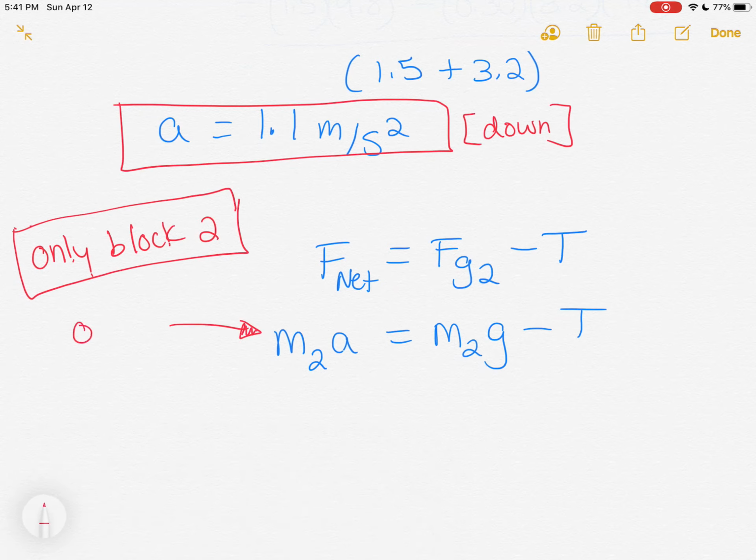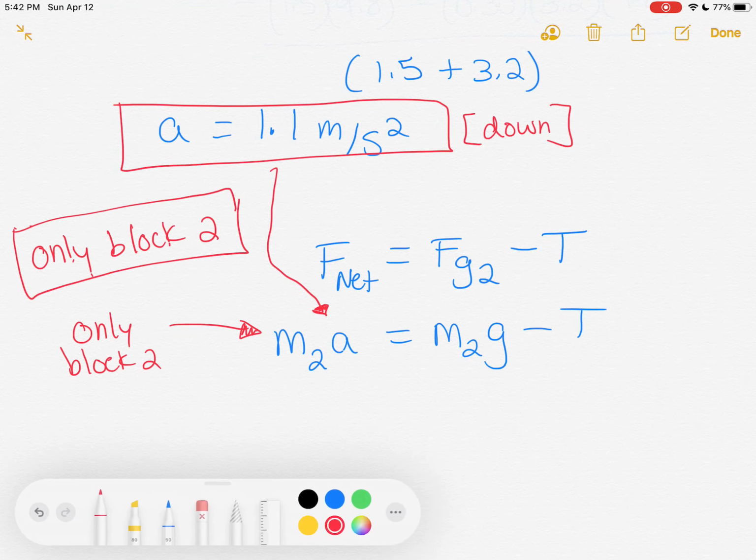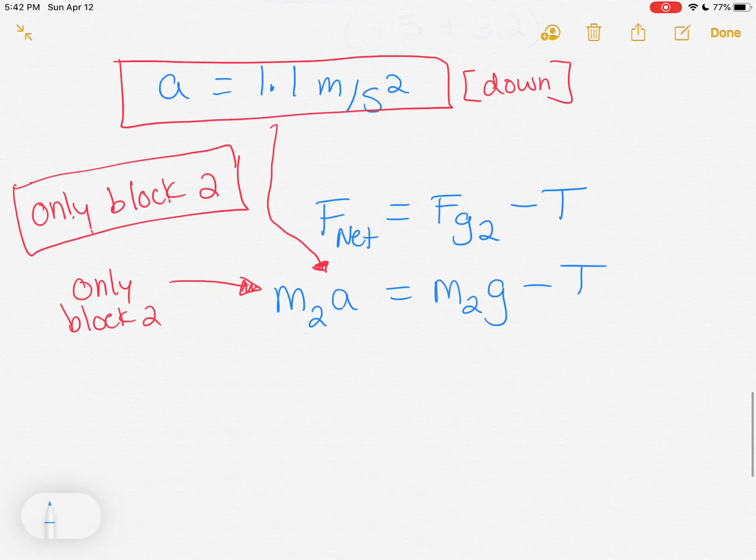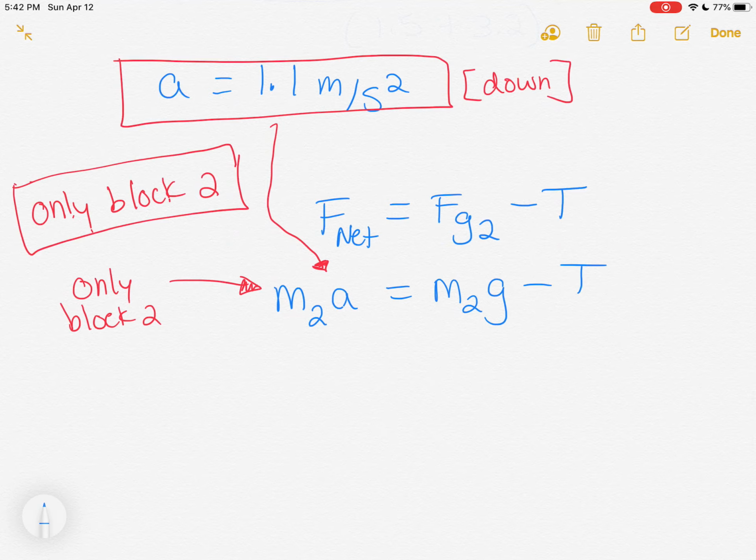Only here, this mass is only block 2. We decided at the beginning we were looking at just block 2 to find the tension, and so we have to continue to look at just the mass of block 2. But our acceleration is going to be the same acceleration because we already determined how the block is accelerating, and its acceleration doesn't change when we look at them individually or as a system.